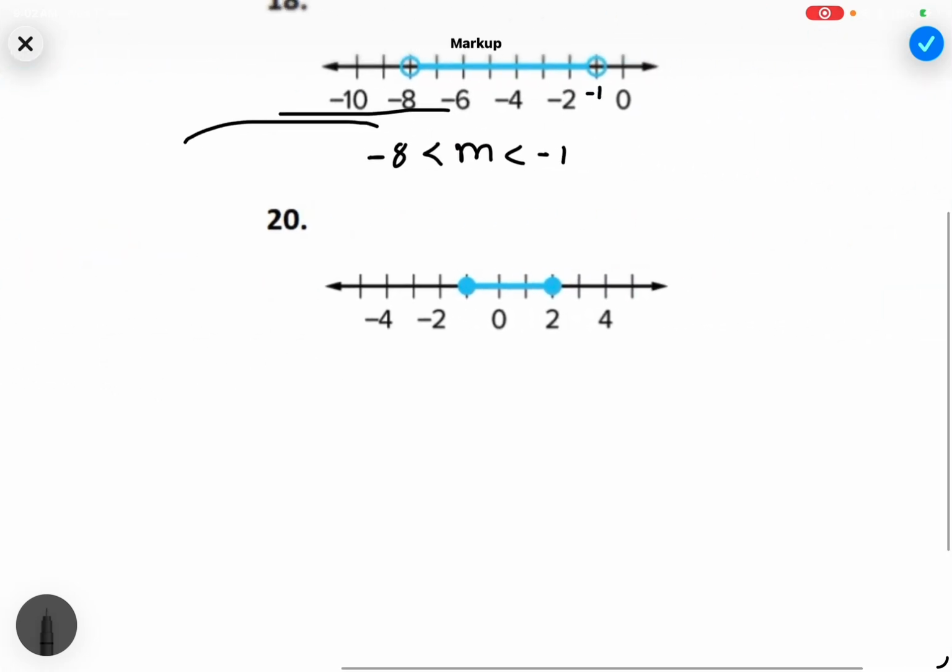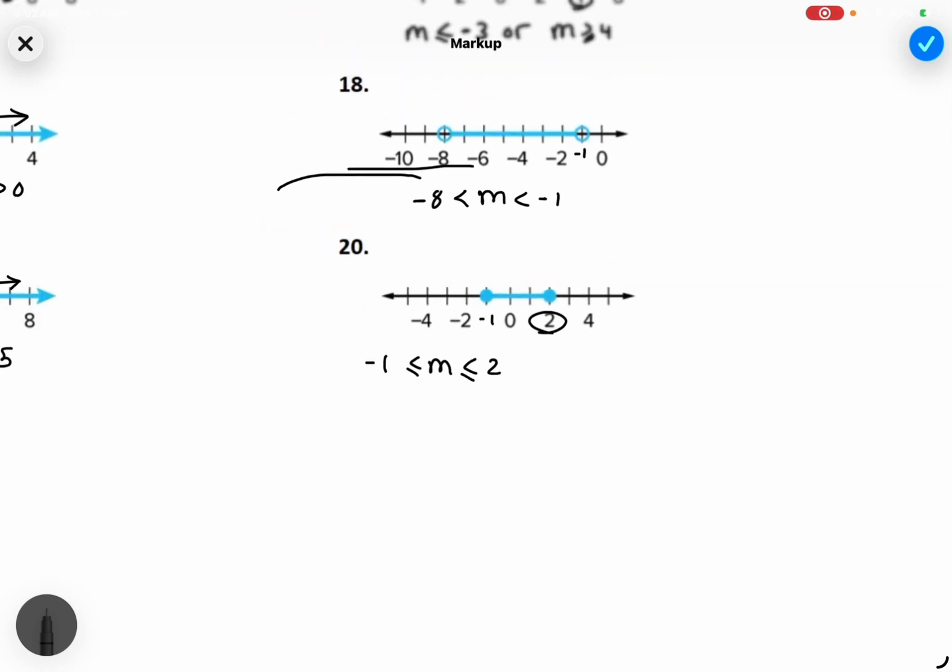For question 20, this is -1 and this is 2, and it's between them. So -1 is less than m, less than or equal to m, which is less than or equal to 2. I hope that makes sense.